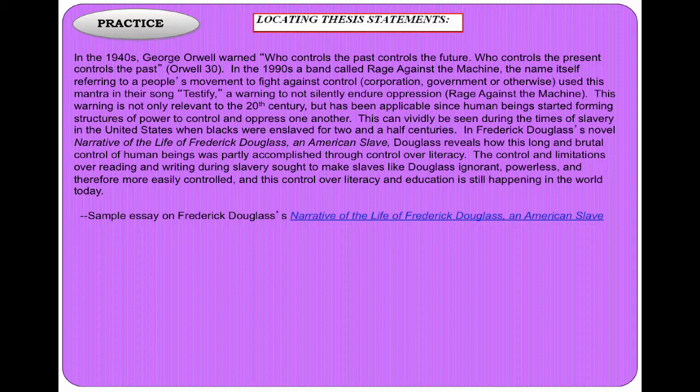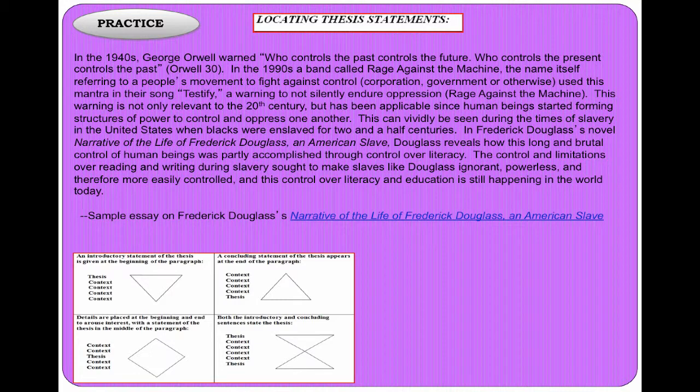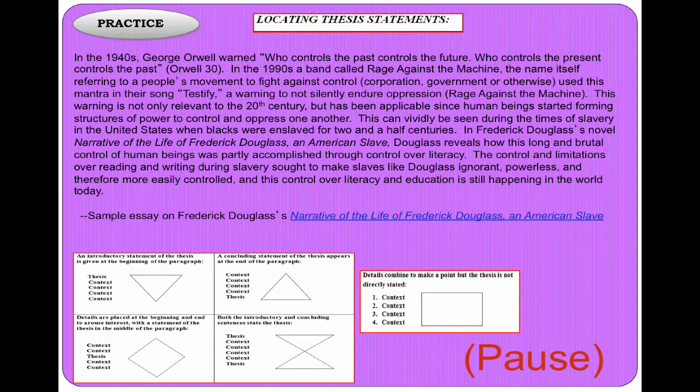This can vividly be seen during the times of slavery in the United States, when blacks were enslaved for 2.5 centuries. In Frederick Douglass's novel, Narrative of the Life of Frederick Douglass, an American Slave, Douglass reveals how this long and brutal control of human beings was partly accomplished through control over literacy. The control and limitations over reading and writing during slavery sought to make slaves like Douglass ignorant, powerless, and therefore more easily controlled. And this control over literacy and education is still happening in the world today. Sample essay on Frederick Douglass's Narrative of the Life of Frederick Douglass, an American Slave. Pause here and do the practice.